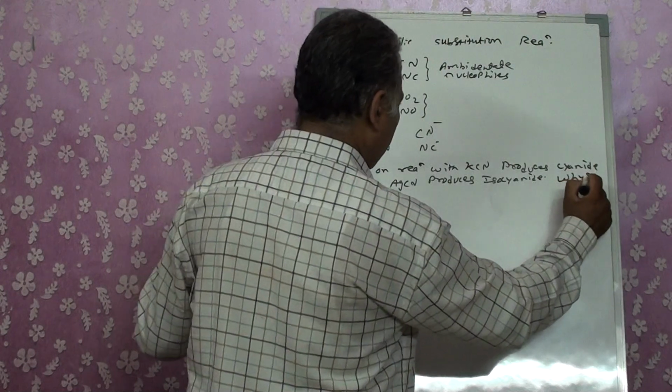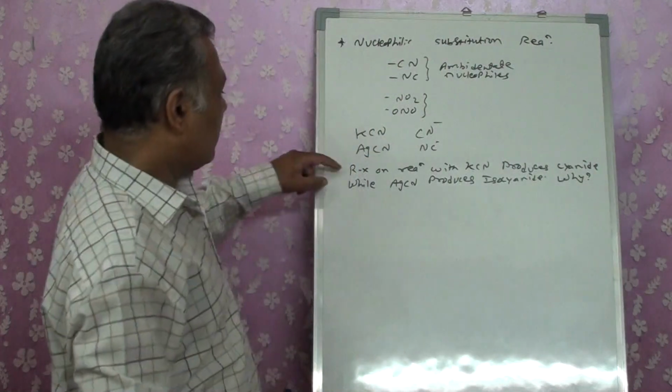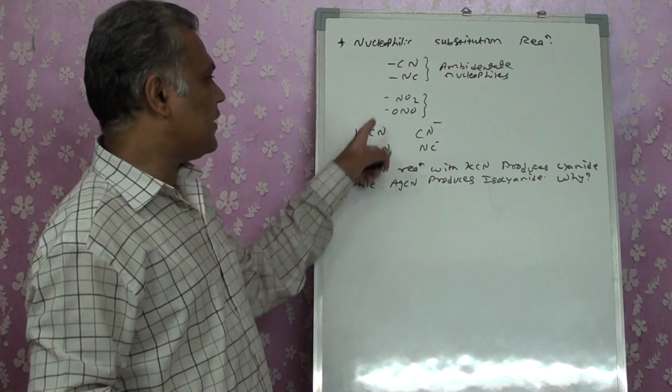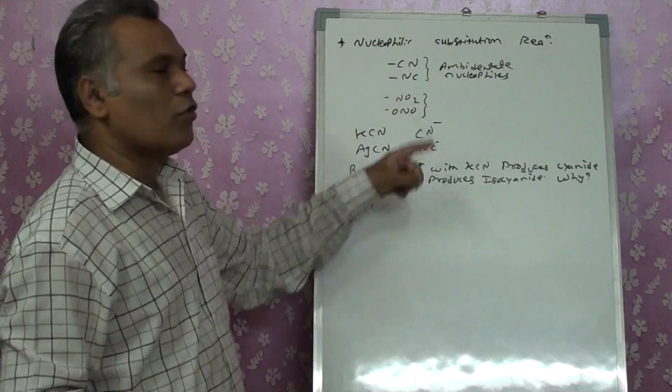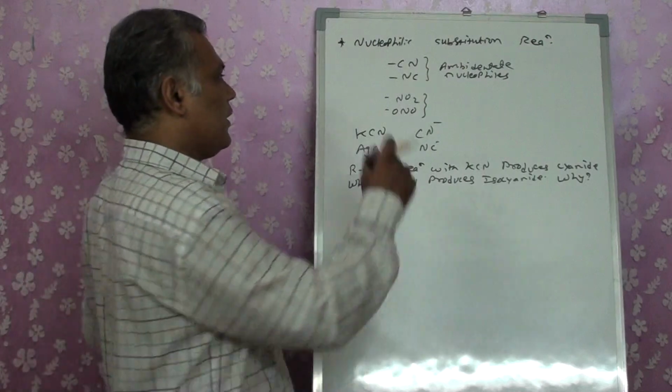A give-reason question can be asked. Or in place of KCN and AgCN, you can have KNO2 and AgNO2.